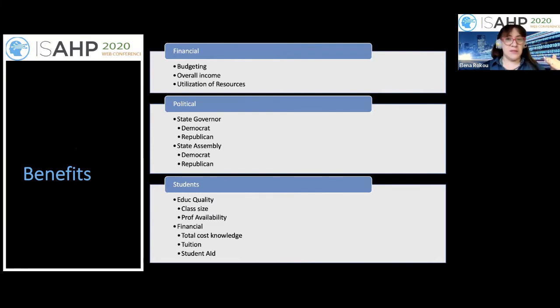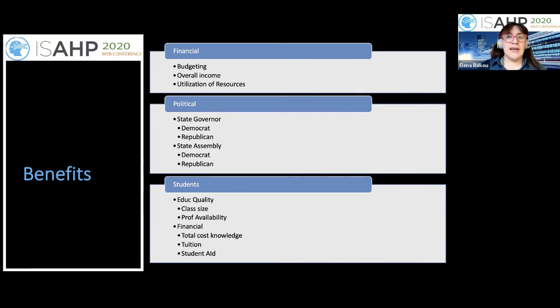I have my three perspectives: control criteria, financial, political, and students. And under that, I have my factors. For financial, budgeting, overall income, and utilization of resources are the factors that will help me decide what alternative will provide more financial benefits, or better, or more important.